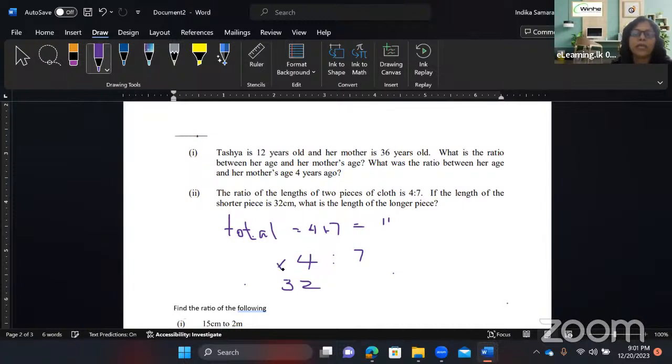Multiply 4 by what? 8. If you multiply 4 by 8, you get 32. Then you multiply 7 by 8. Then what is the size of the longer piece? It is 56.